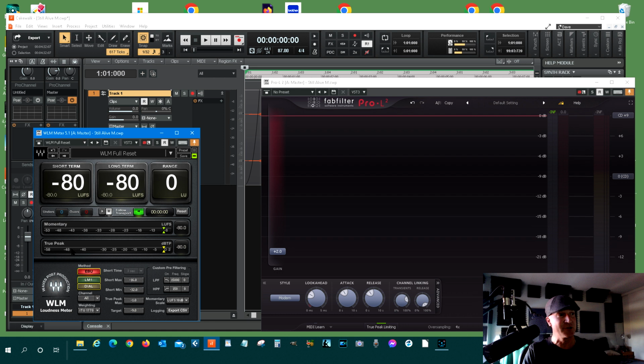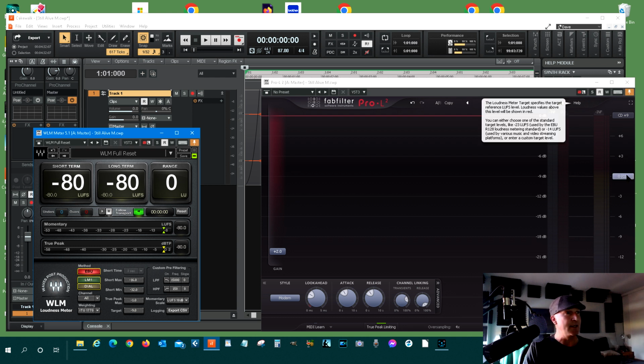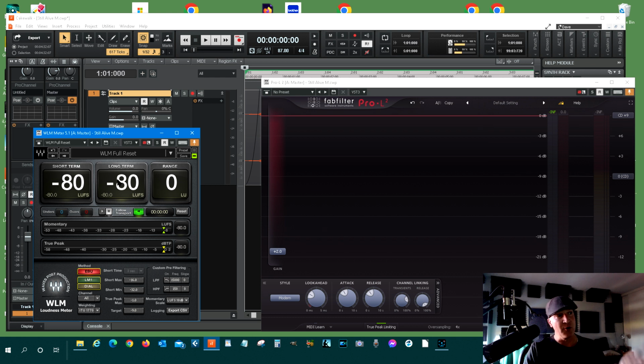It also has a bit of limiting capability in it, but what I use it specifically for is it tells me my levels, especially my average over the song, because I generally want to get songs to about -9 dB. So this tells me what my LUFS are at, or -9 LUFS, I guess. Yeah, on the LUFS loudness unit scale.